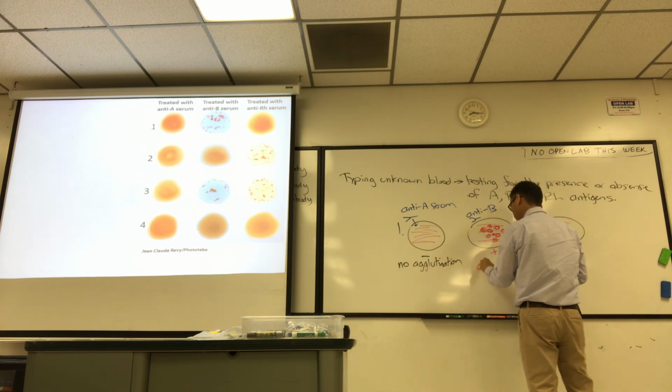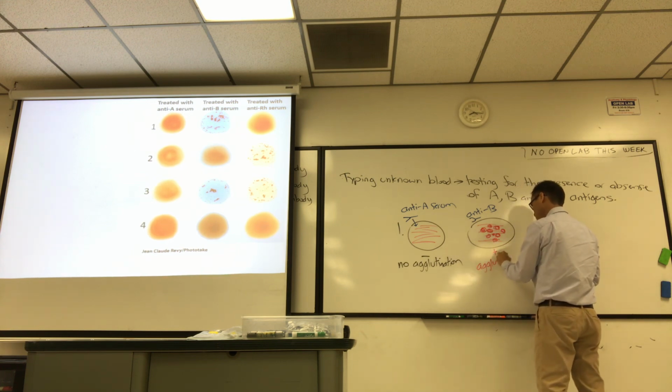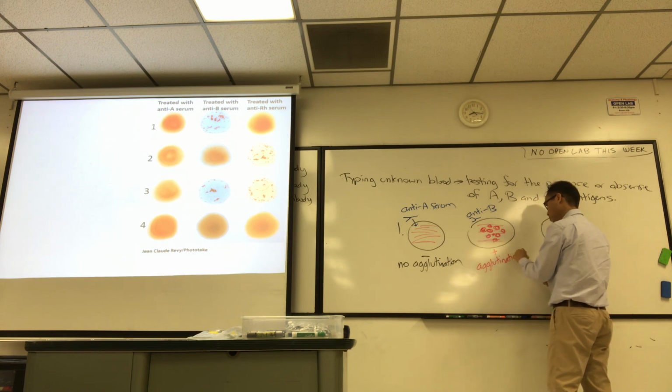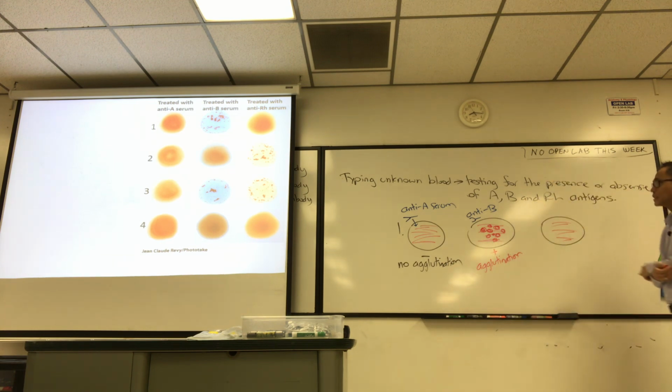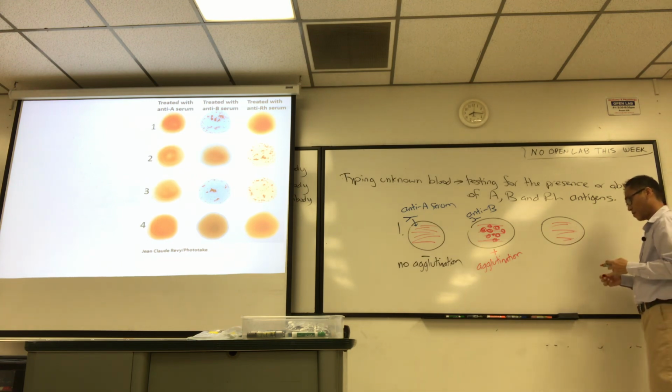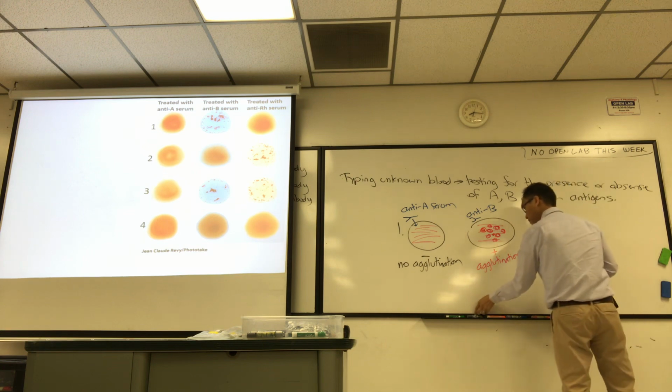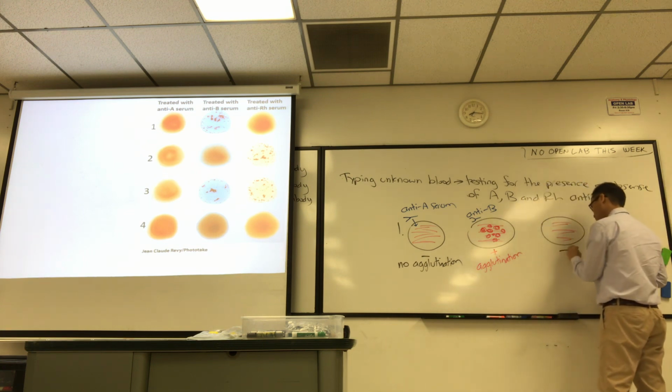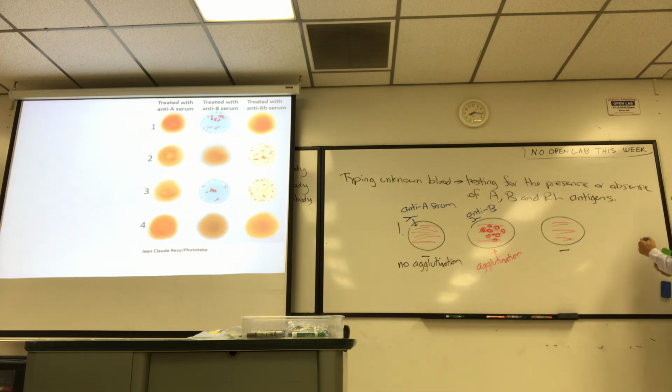Positive for agglutination. How do you interpret that result? The B antigen is present. So type B. All right, move on to the Rh well. Anything there? Negative. No agglutination. So what's the blood type? Type B negative.